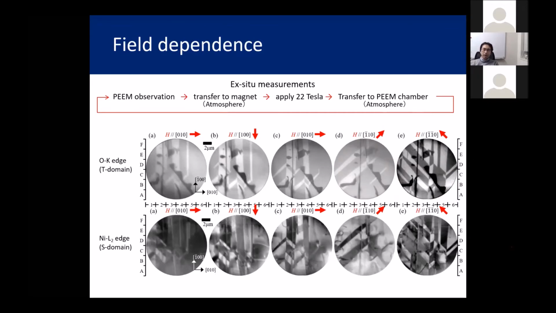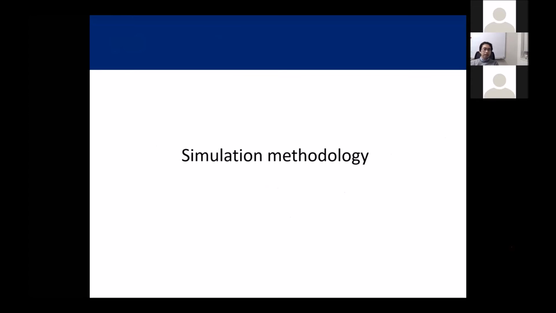So we want to simulate this domain pattern by our modeling. I want to talk about the reproduction of the experimental observation by our simulation.